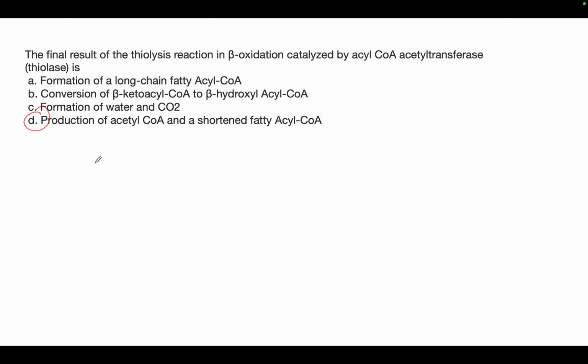In the beta oxidation step, this acyltransferase will chop off the 2 carbon acetyl CoA, so whatever the fatty acid carbon chain length, Cx, it will get shortened by 2 carbons.